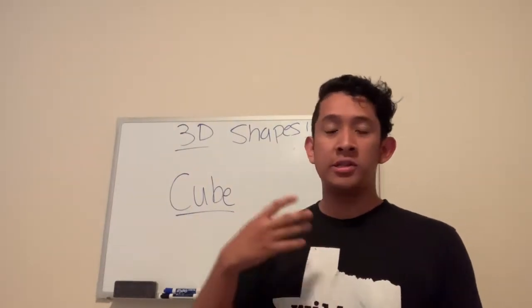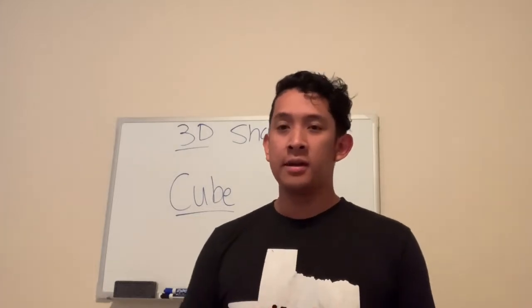I want you to just look at them and notice how they're all the same. They can be bigger or smaller, no matter what. If it's a really gigantic one or a really tiny one, it can still be considered a cube as long as all the sides are equal. Okay, move on to the next one.